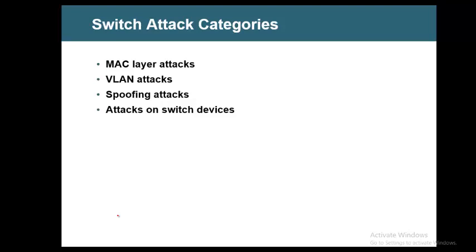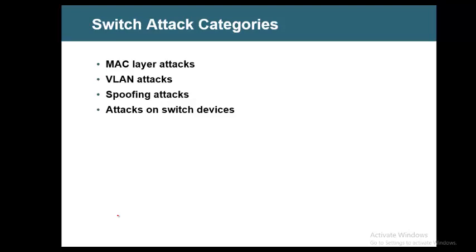Now, when we talk about switch attacks, we can categorize them in four categories. Switches use MAC addresses, so there are some MAC address based attacks, MAC layer attacks. Switches have different broadcast domains. We call them VLANs. So we have some attacks based on VLANs.